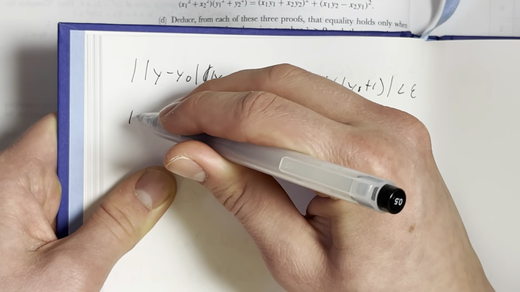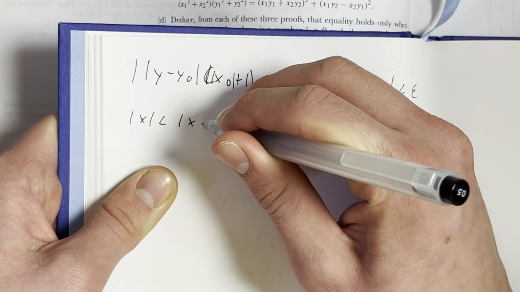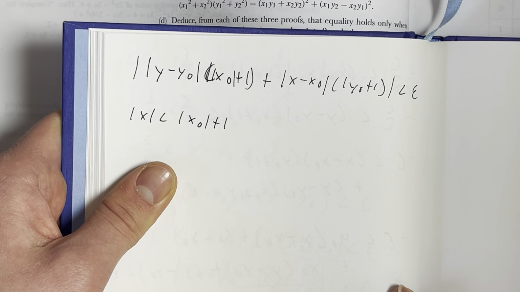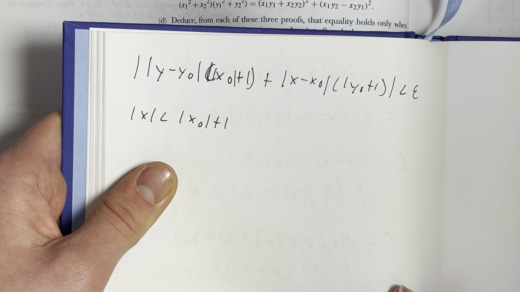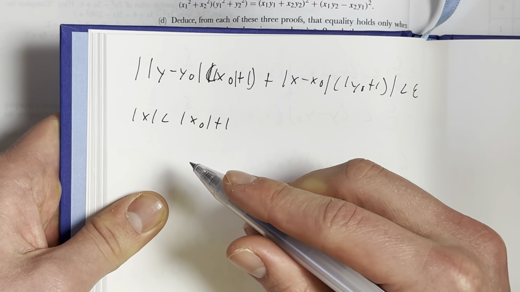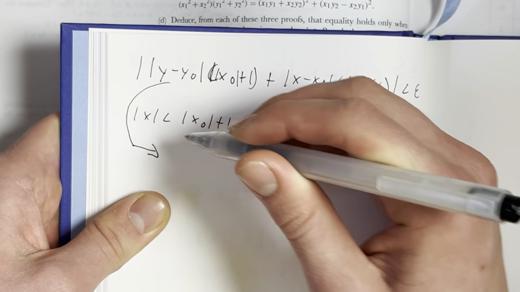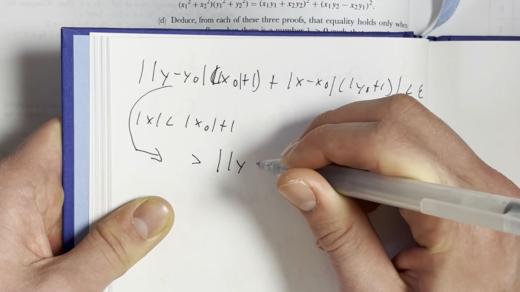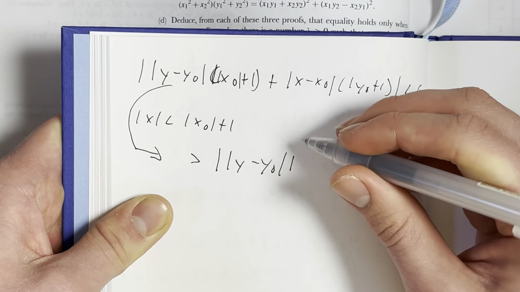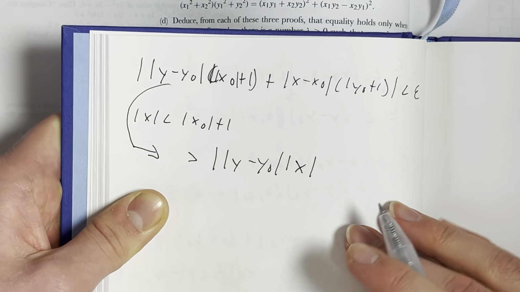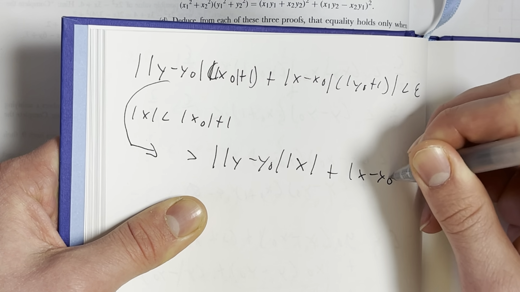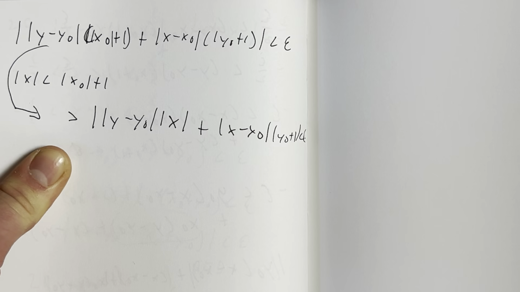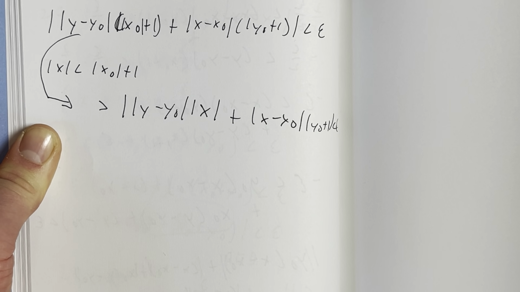And now, because absolute value of x is less than absolute value of x0 plus 1, we then have that this expression up here is greater than the expression where we change x0 plus 1 to just x. I'm doing a poor job writing this out too.